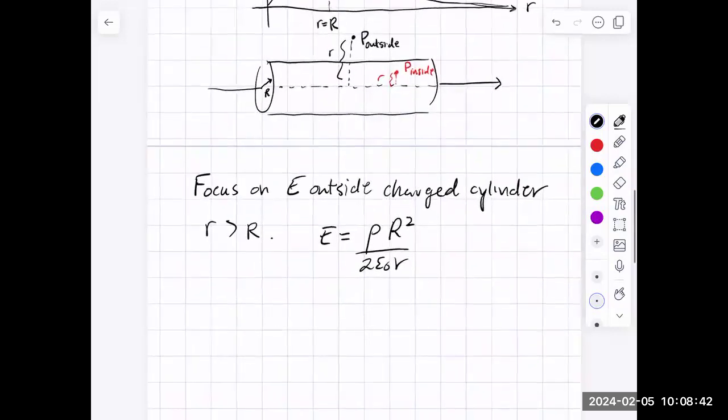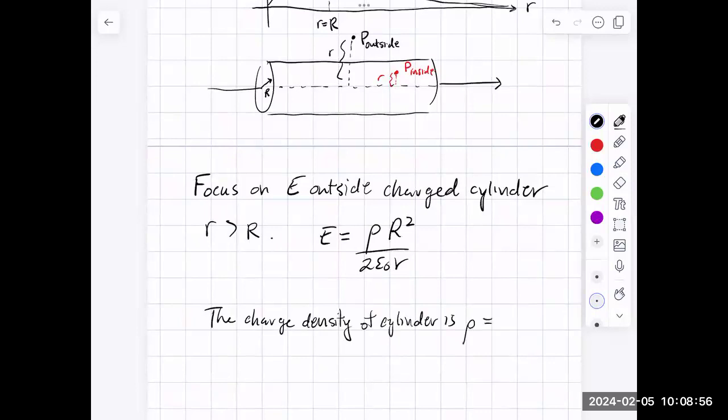Okay, so the charge density of our cylinder is rho, which is whatever its charge is divided by some volume. And so let's just take a section of this cylinder. I'll take this section here, and maybe we'll shade it blue, something like this.